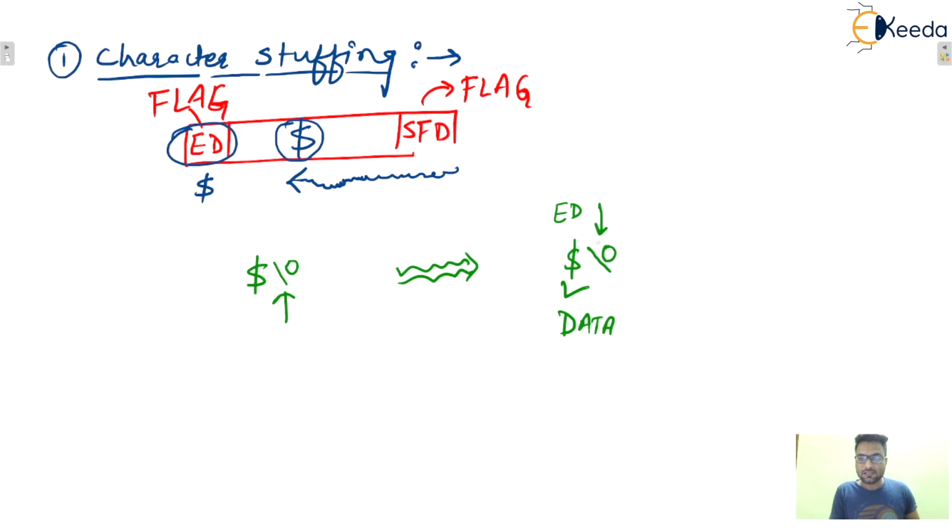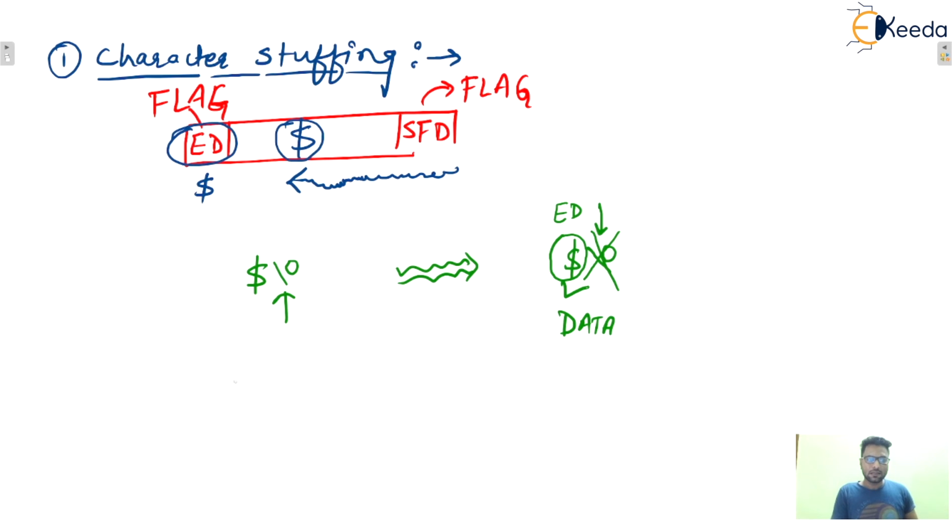This null character is for indication purposes. So the receiver will remove this null character from the data and accept the dollar as data. I hope this is clear to everyone.